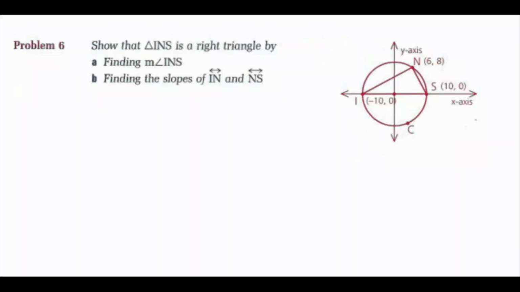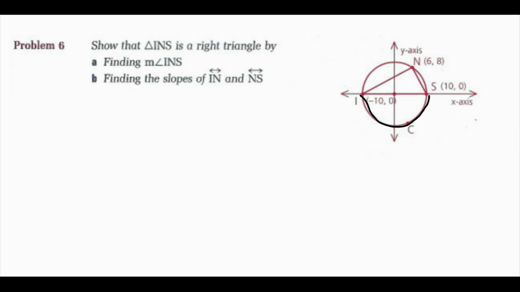And lastly, looking at problem 6, show that triangle INS is a right triangle by A, finding the measure of angle INS, and B, finding the slopes of line IN and line NS. Now I can see that the measure of angle INS would be half of the intercepted arc because angle INS is an inscribed angle, and an inscribed angle is 1/2 the measure of the intercepted arc. I can see that it intercepts arc ICS, and I can see that arc ICS is 1/2 of the entire circle.